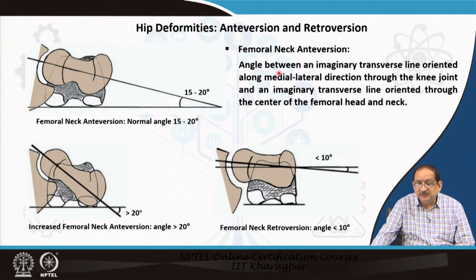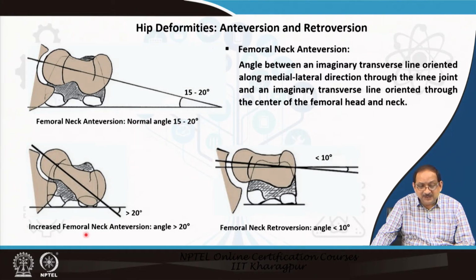So, it is the angle between an imaginary transverse line oriented along the medial lateral direction through the knee joint and an imaginary transverse line oriented through the center of the femoral head and the neck. So, the angle between these two imaginary transverse lines is known as the femoral neck anteversion angle. The normal range is between 15 to 20 degrees.